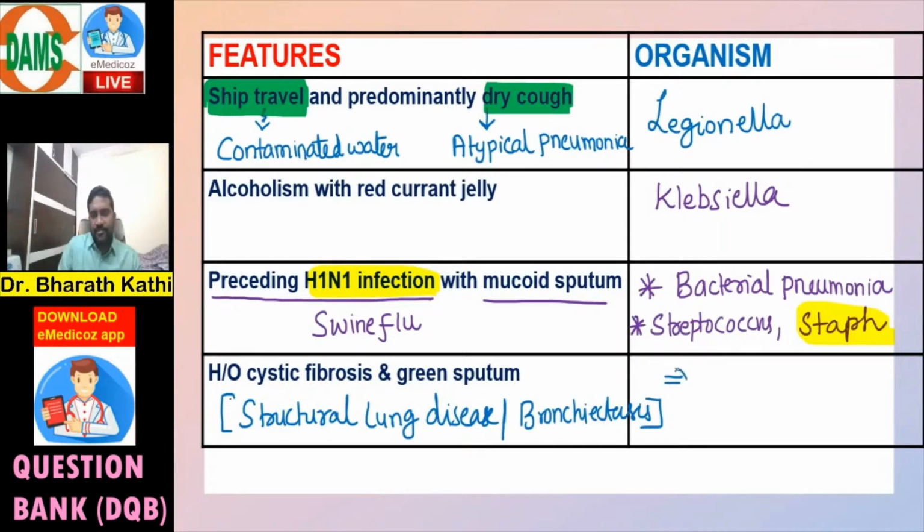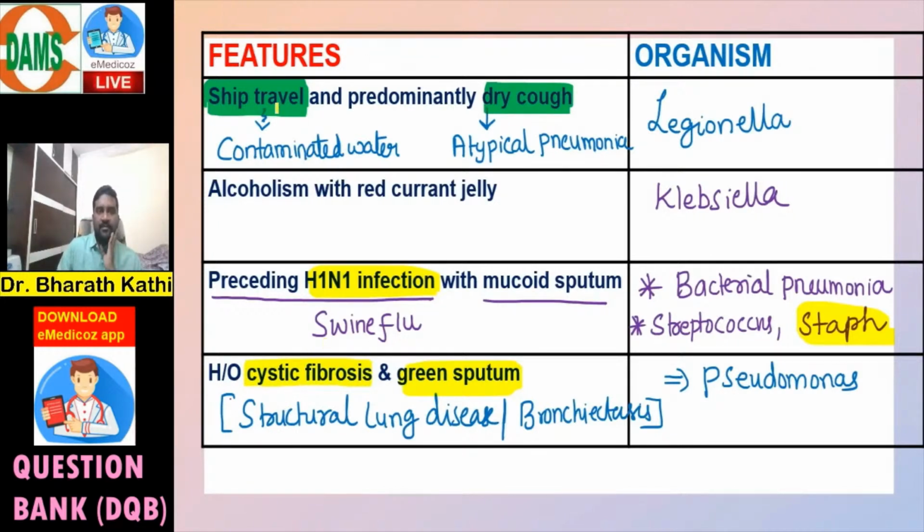The most common organism in these patients will be Pseudomonas, and you know that in Pseudomonas infection there can be greenish sputum. So these are the keywords that you should look for in the exam to identify the organism.